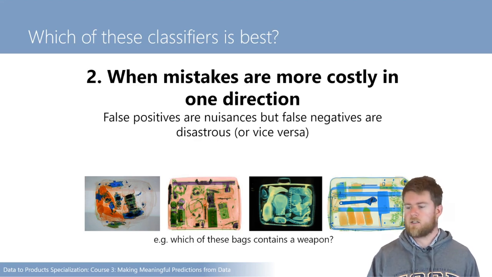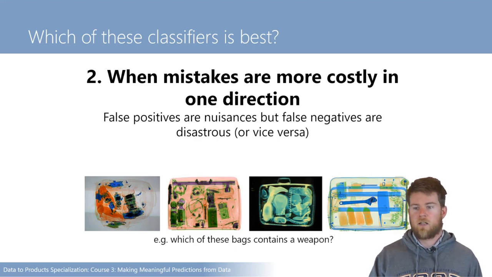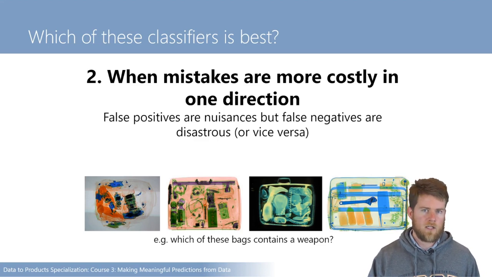So if I say there's a weapon when there isn't one, this results in some additional screening and it's a bit of a nuisance. Whereas if I say there isn't a weapon when there is one, that's a very dangerous situation. So one of those errors is cheap and one of those errors is costly. Maybe I'd like to define classification schemes or classification error measures that recognize that one of the two types of mistakes might be more important than the other.